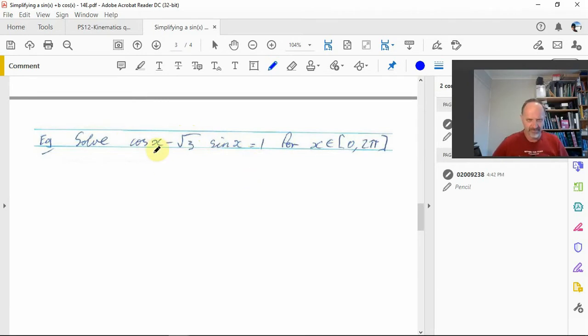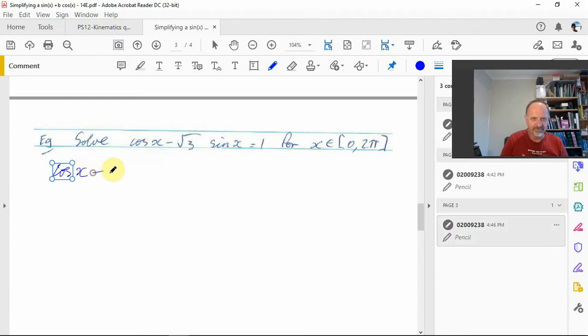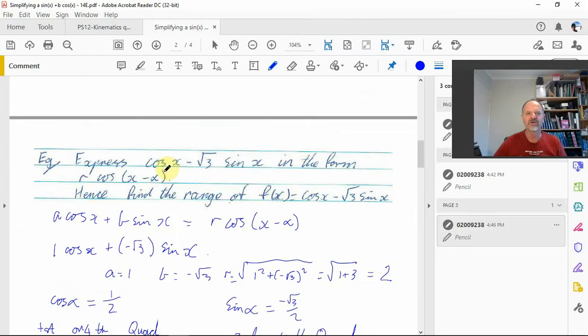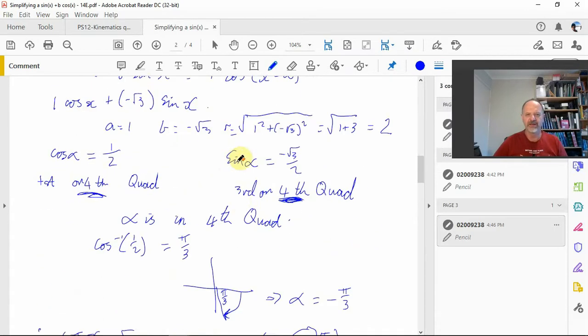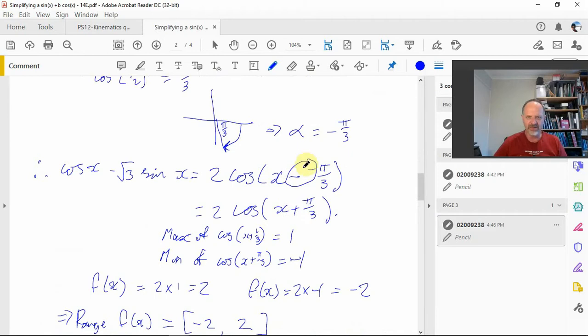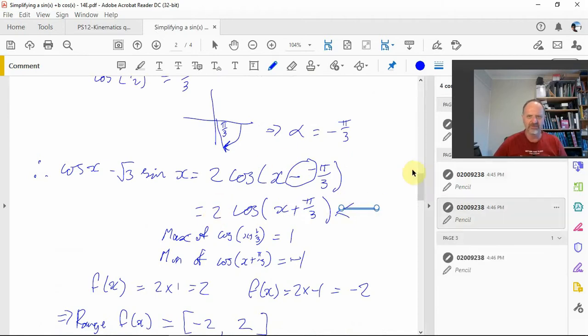Now, this first part, the cos x minus root 3 sin x, we actually simplified in the previous part up here. That's what we had there. And we ended up with this one.